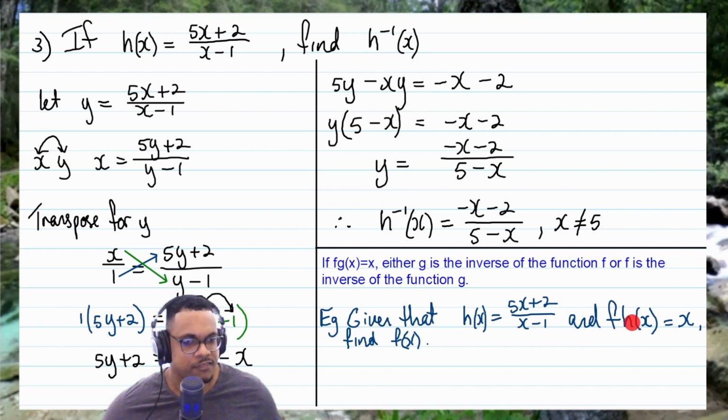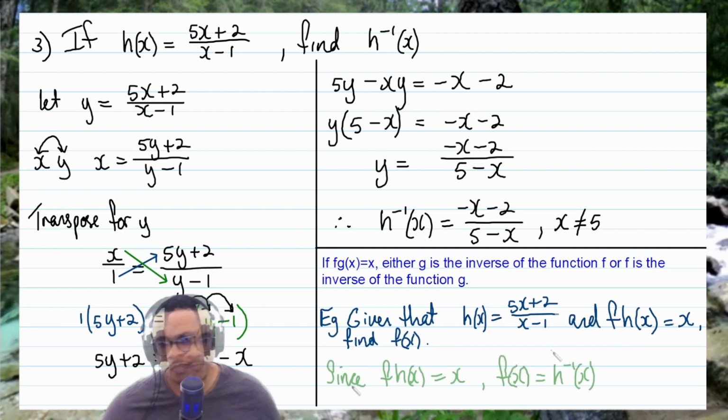So seeing that fh of x is equal to x, it means f of x is equal to h inverse x. And of course, h inverse x is equal to negative x take away 2 divided by 5 take away x.